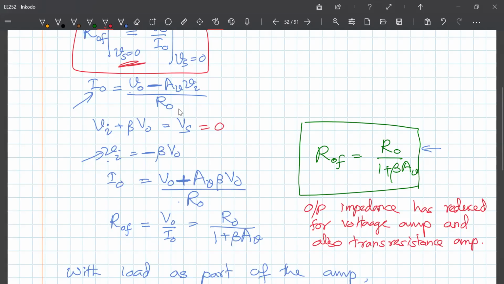So whenever you have a voltage as the output, the output impedance reduces.